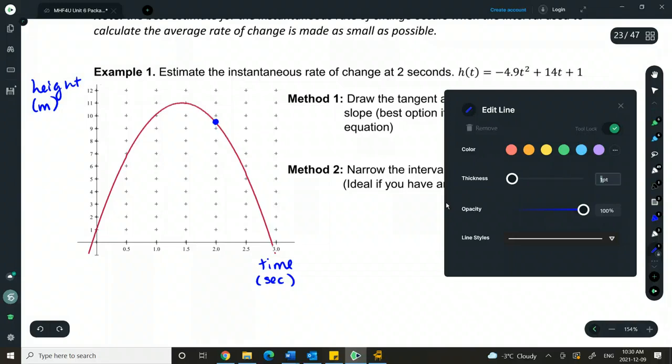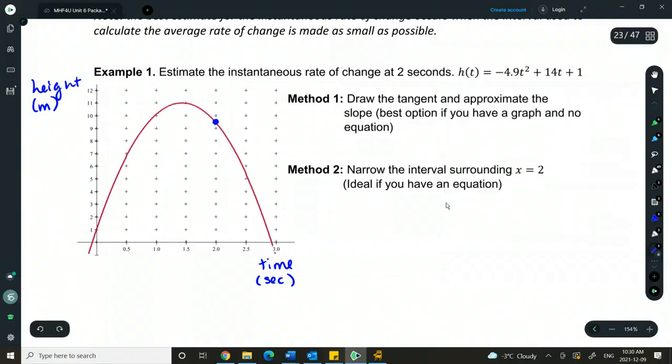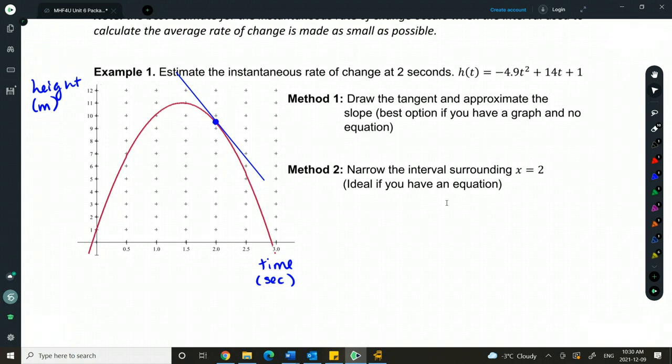I just want this to be one point. Okay, so when I create my line here, I want to create it so that it's just skimming that point exactly. And then you can decide with your ruler how exactly you want to place that so that this looks like it's equal on both sides.